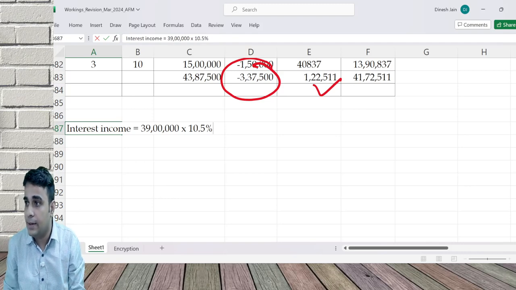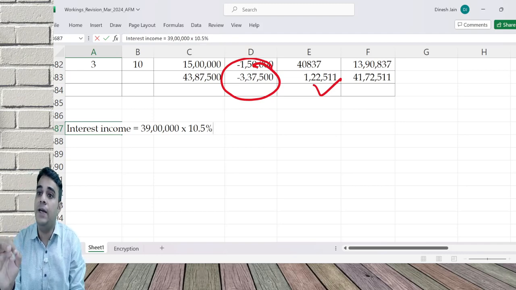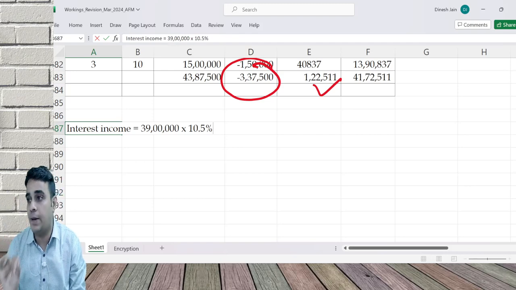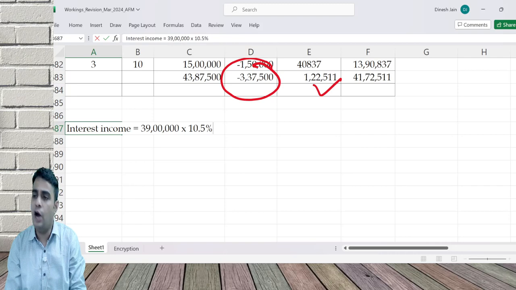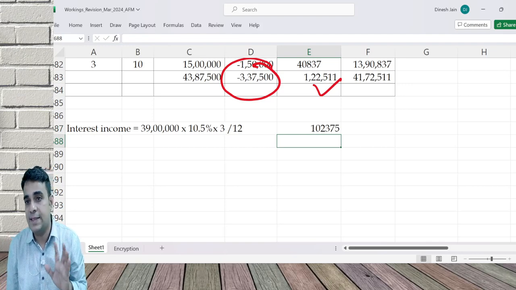The deposit will happen only at the actual spot price. So you create a deposit at 10.5%. How many months? 3 months. Tell me how much income you generate.